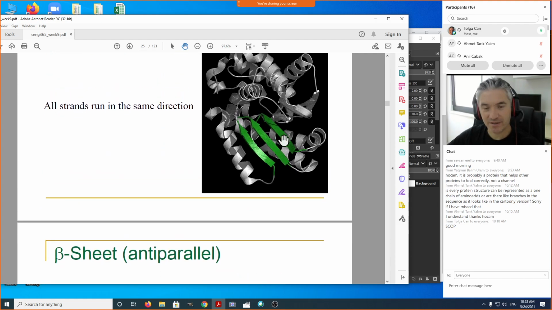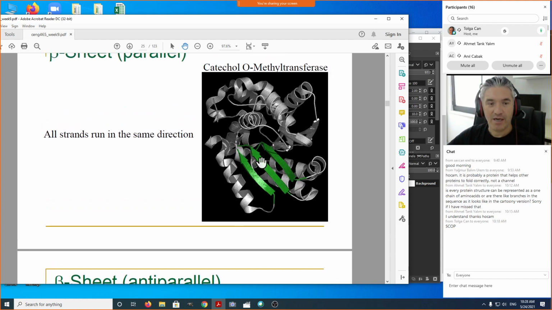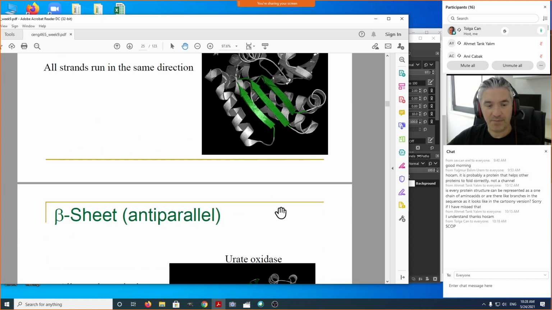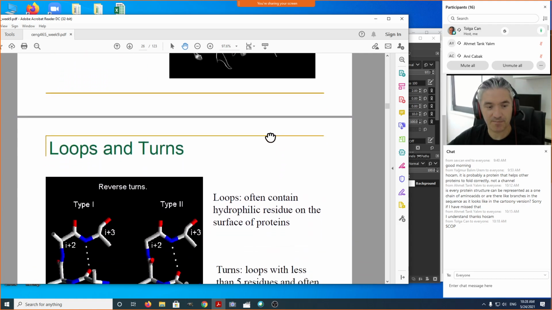So as you can see, there are 3 beta strands here. They all go in the same direction in sequence. And this is a parallel beta sheet. And this is an anti-parallel beta sheet here, where the beta strands are in opposite directions.